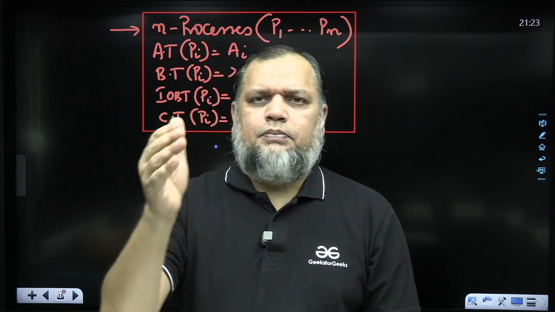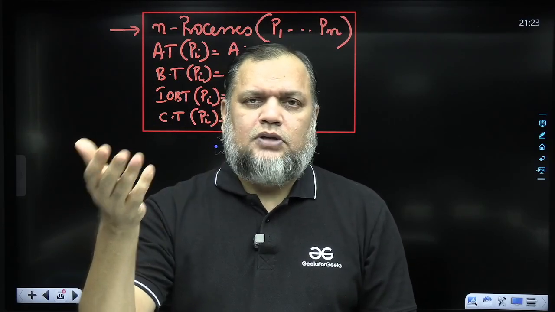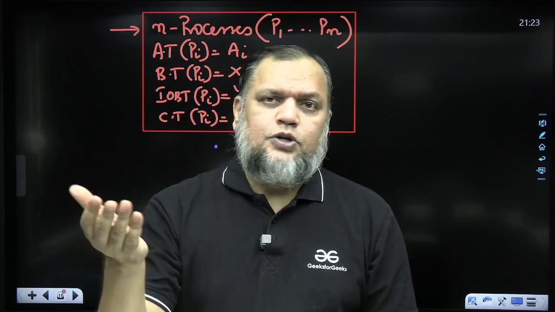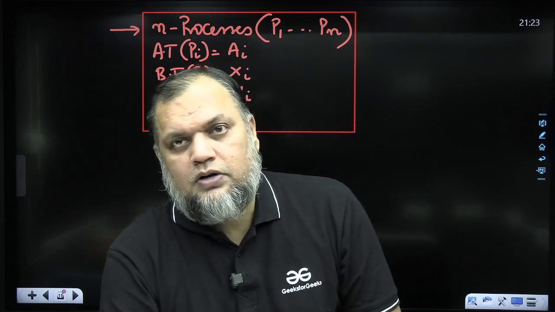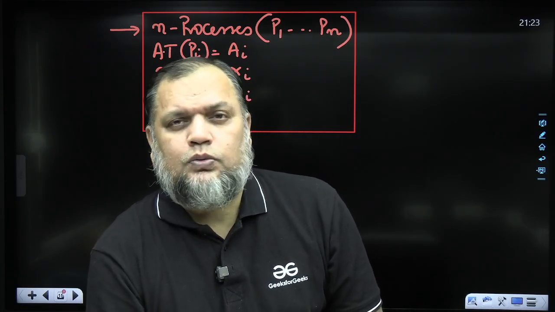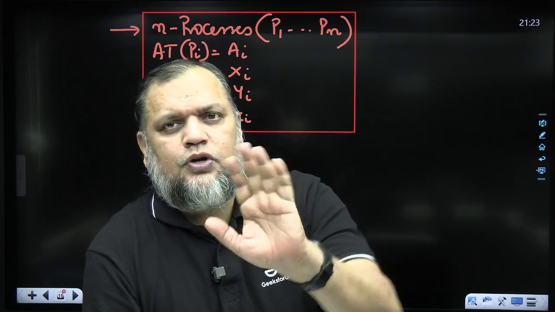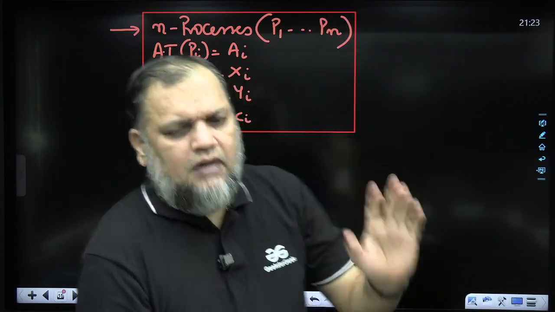Maybe first P1, then P2, then P3, or maybe P2 or P3 then P1, or P1, P3, P2, something like that. So I have n factorial orderings. Those are called scheduling orders, scheduling sequences, number of schedules. These are non-preemptive schedules. So for a non-preemptive schedule, for a set of n processes, I can have n factorial schedules.